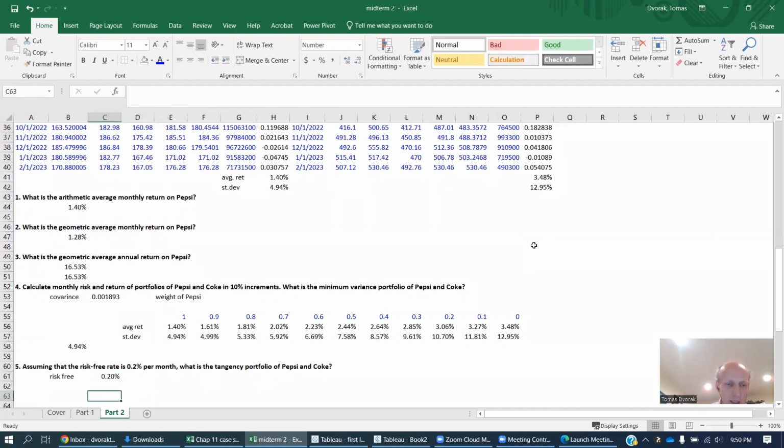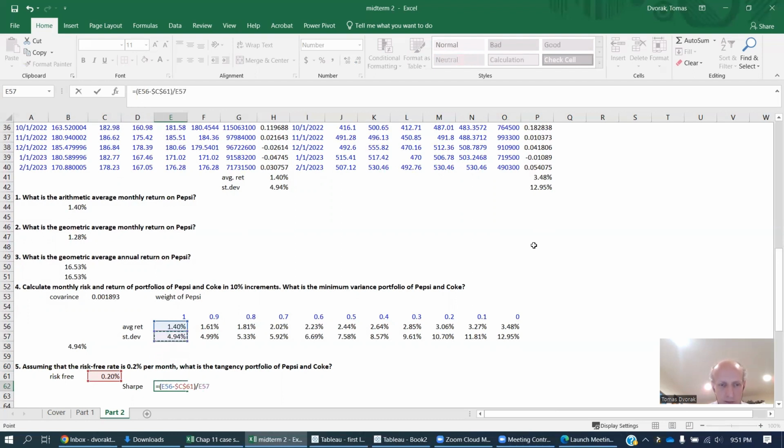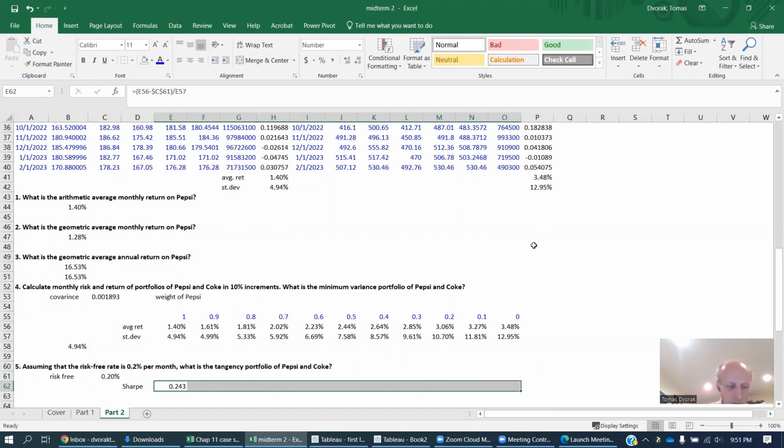And I'll do Sharpe ratio, and that's going to be the average return minus the risk-free rate, locked, divided by the standard deviation. And I can Control R this.